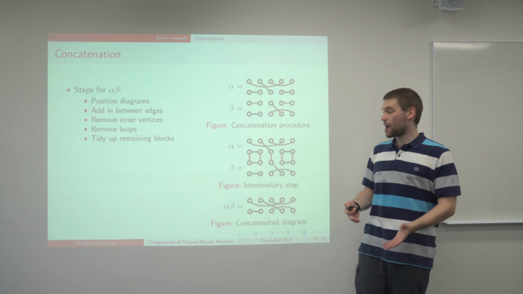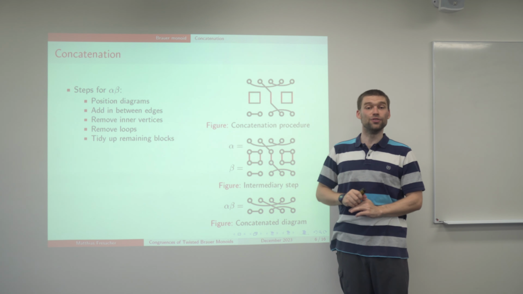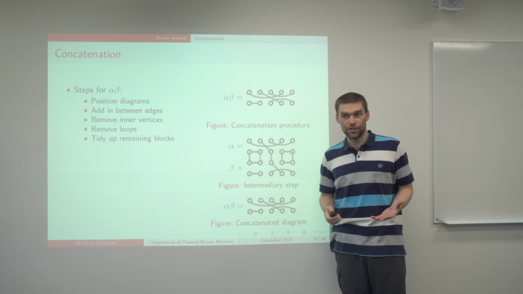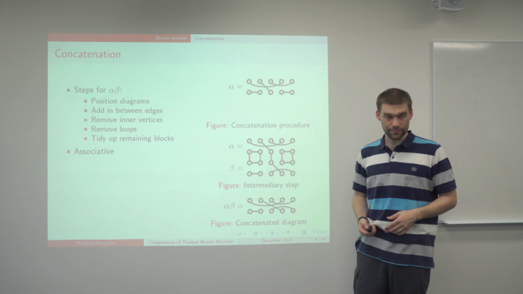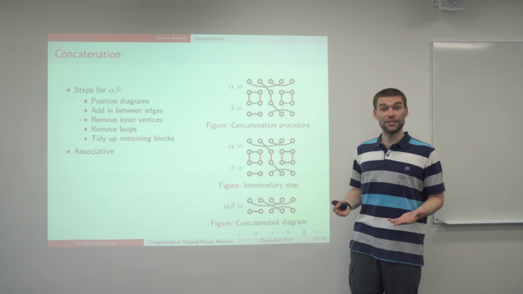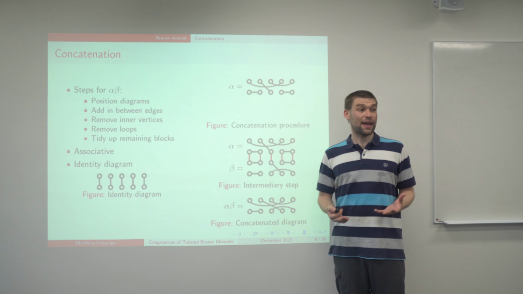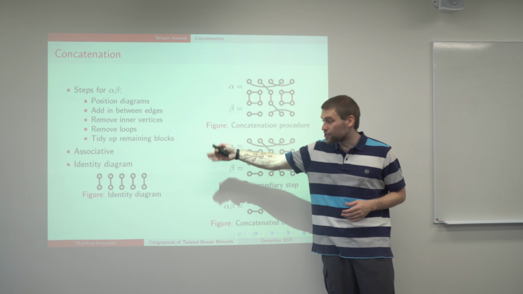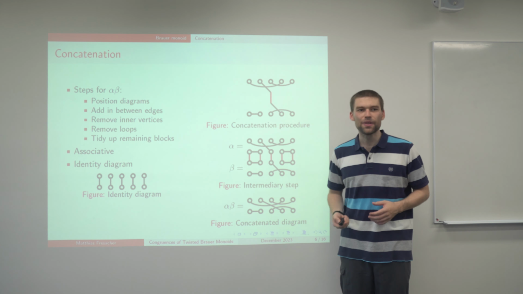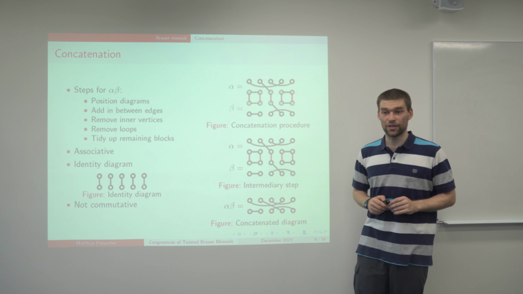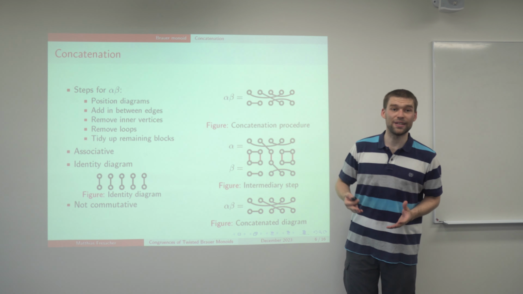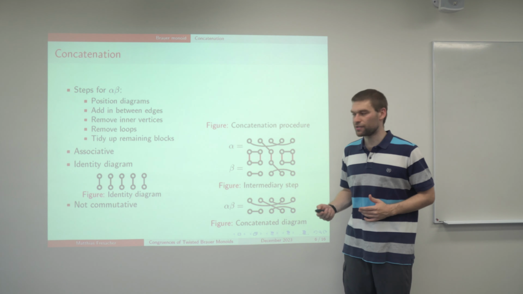And then we tidy up what we have. So we're going to squish our two rows back to normal size, and we're going to draw clean edges where they exist. We can see that this operation is in fact associative, and it has an identity diagram, specifically just all vertical edges. But the operation is not necessarily commutative, nor does it necessarily have inverses.